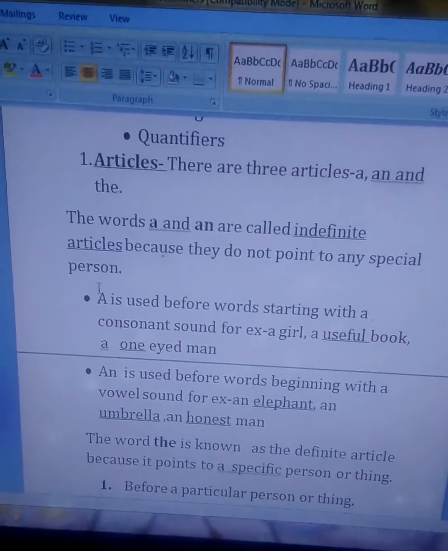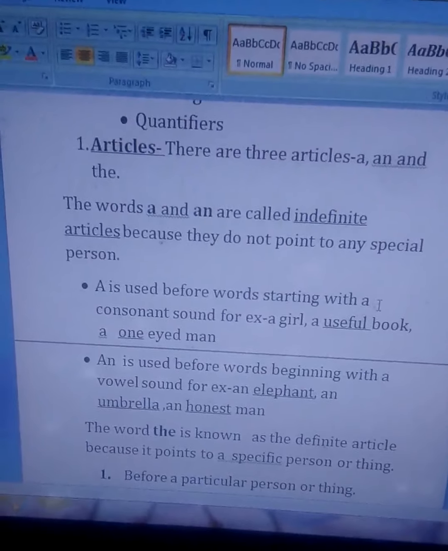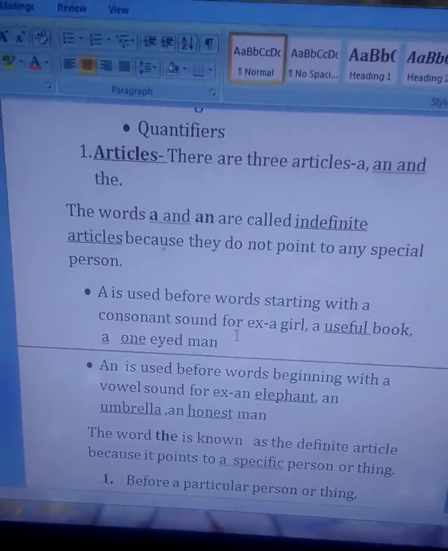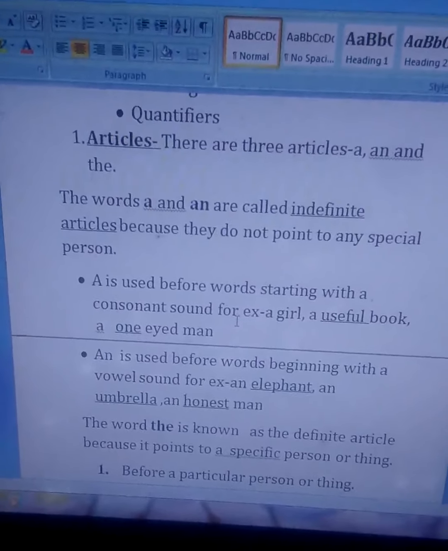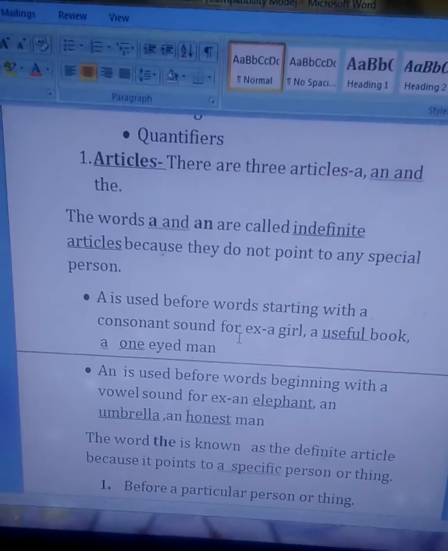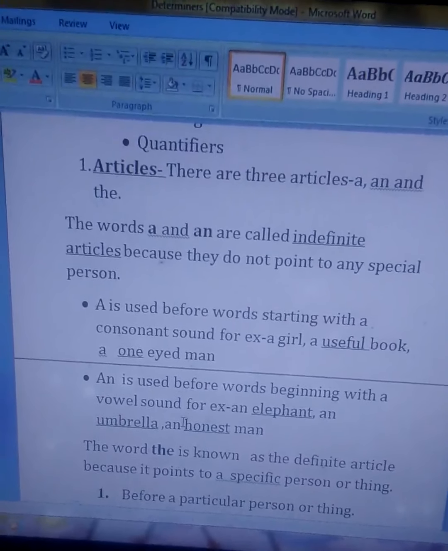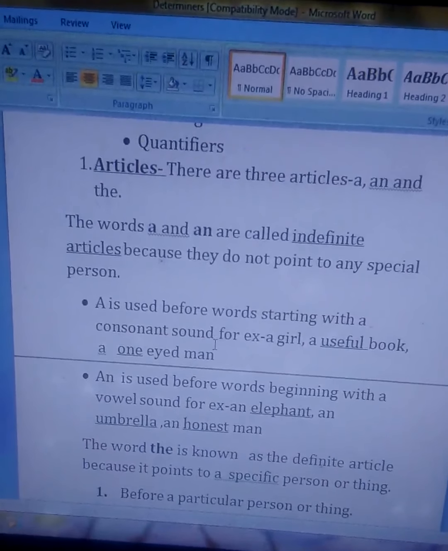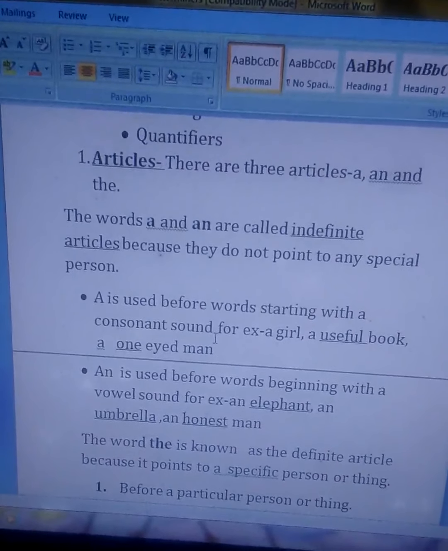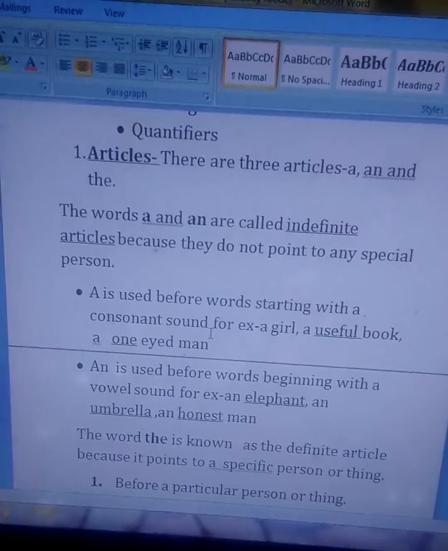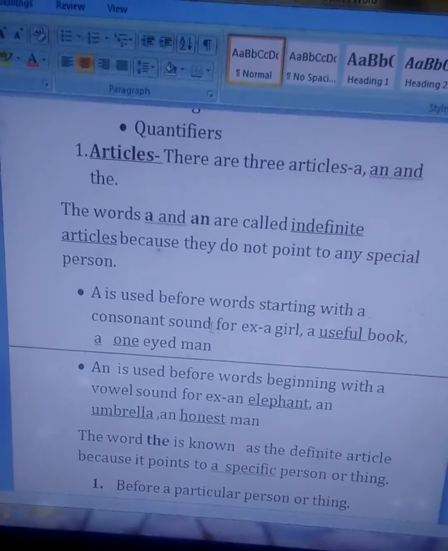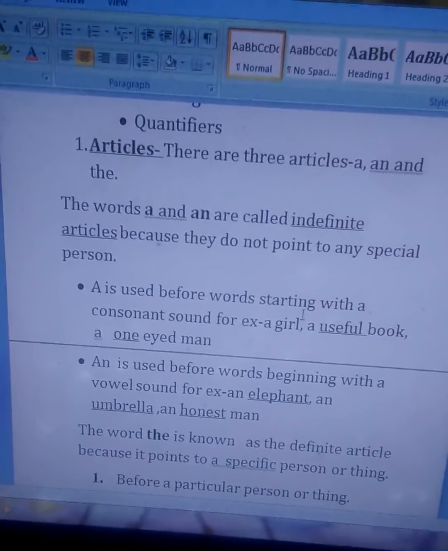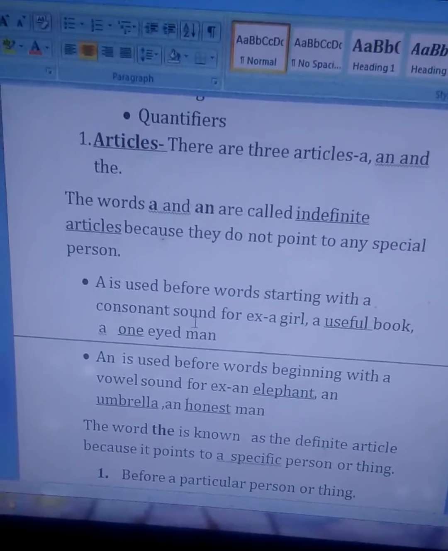A is used before words starting with a consonant sound. As you know, in the Hindi Varnmala, we know Swar and Vyanjan. Swar is called vowel sound and Vyanjan is called consonant sound. So, a is used before words starting with a consonant sound.